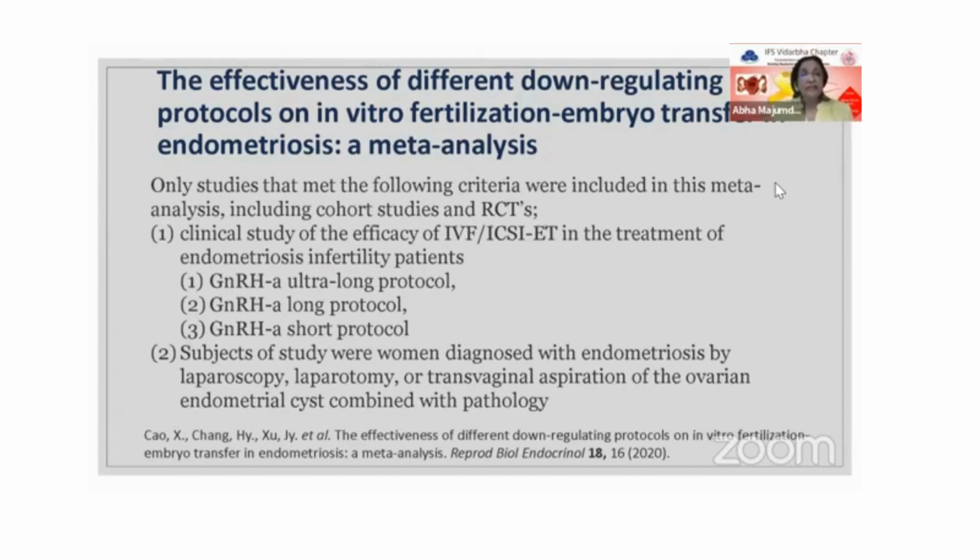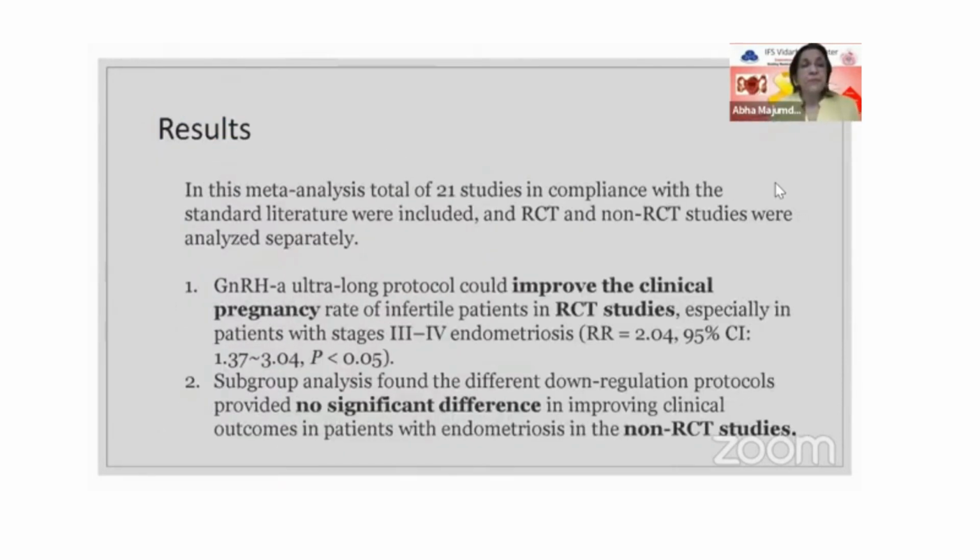What did they find? Subjects of the study were women diagnosed with endometriosis by either laparoscopy, laparotomy, or transvaginal aspiration of ovarian endometrial cyst combined with histopathology. And they found that the GnRH agonist ultra-long protocol could improve the clinical pregnancy rate. This came in after the Cochrane review came. So they said that it could improve the clinical pregnancy rate of infertile patients when RCTs were conducted, especially in patients who have advanced stage endometriosis.